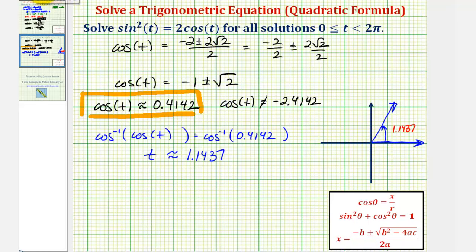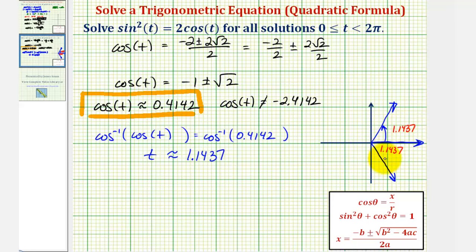Which means we can find our second solution by sketching a reference angle of approximately 1.1437 radians in the fourth quadrant. So the angle would look something like this, where again this reference angle here is approximately 1.1437 radians.